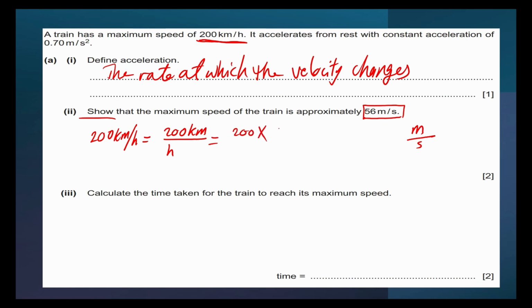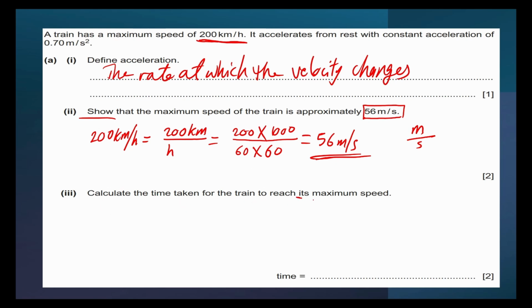It equals 200 times kilometer, which means 1,000 meters, over hour, which equals 60 minutes times 60 seconds. After calculating this, it gives about 56 meter per second.